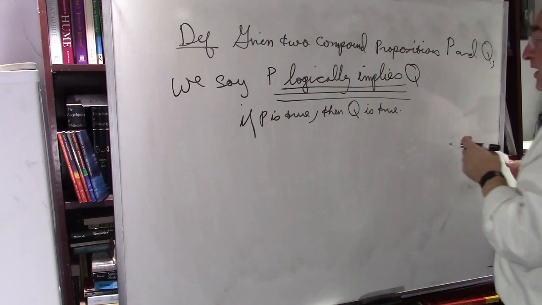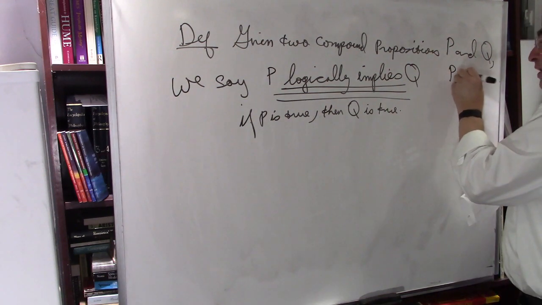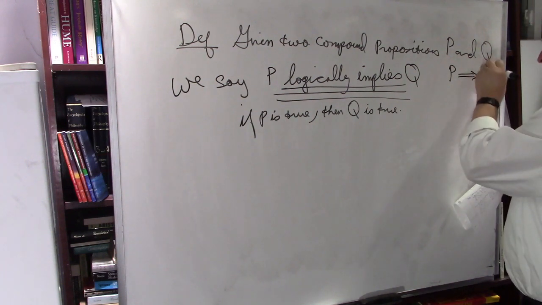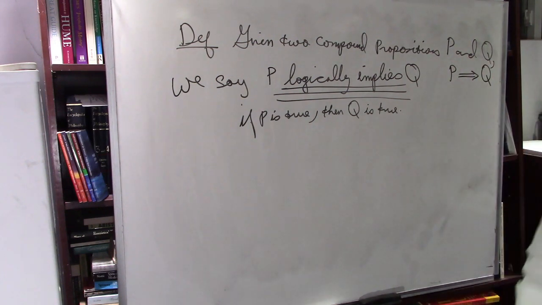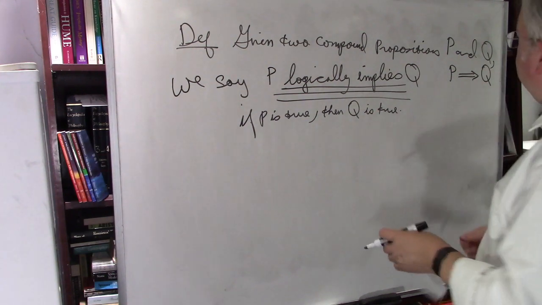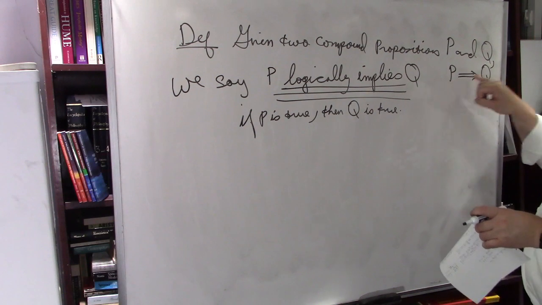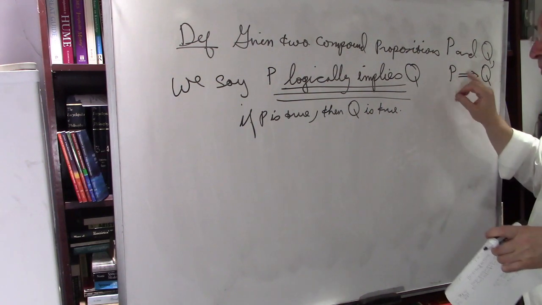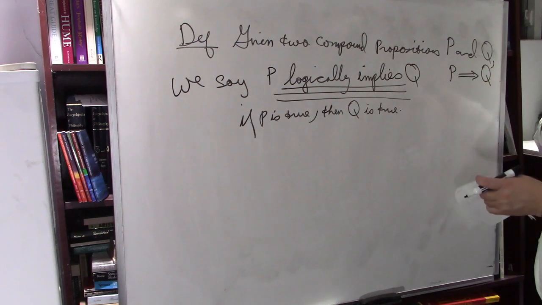Okay, we write it as follows: P thicker single arrow Q. So make sure everything is getting in there. Let's say it another way. Whenever P is true, Q will also be true. They're not logically equivalent, but whenever P is true, Q is also true.